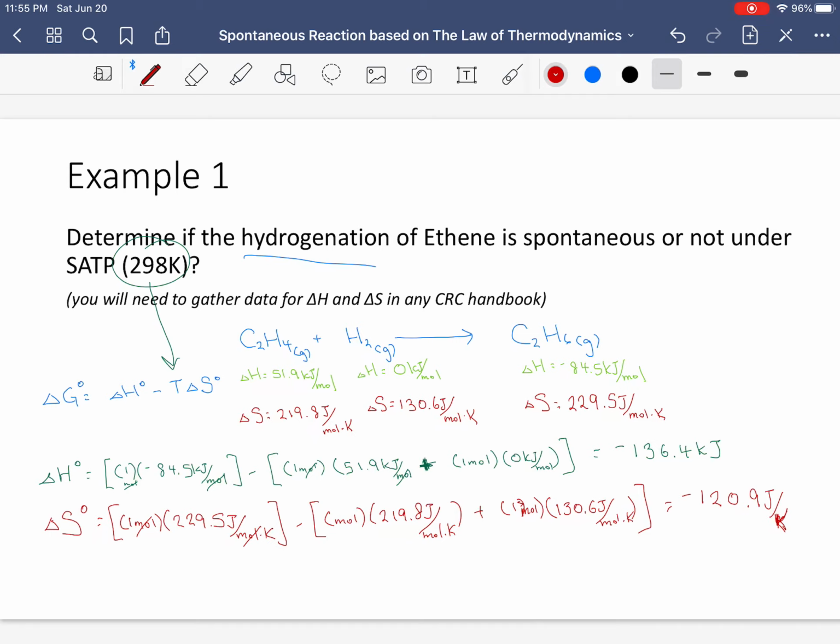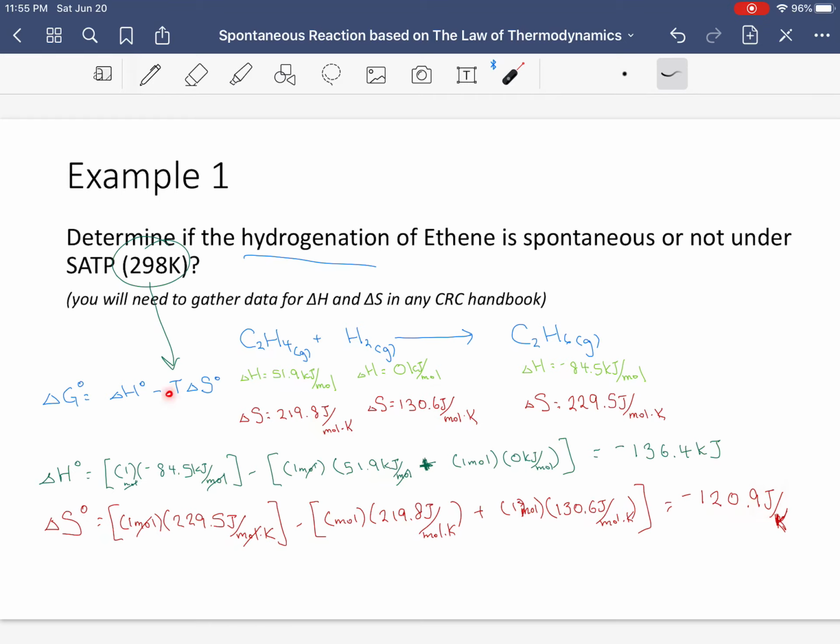Now I'm ready to put this into our delta G formula. But I need to do one more thing first. I wonder if you can figure out what I need to do. Delta H is in kilojoules and delta S is in joules.